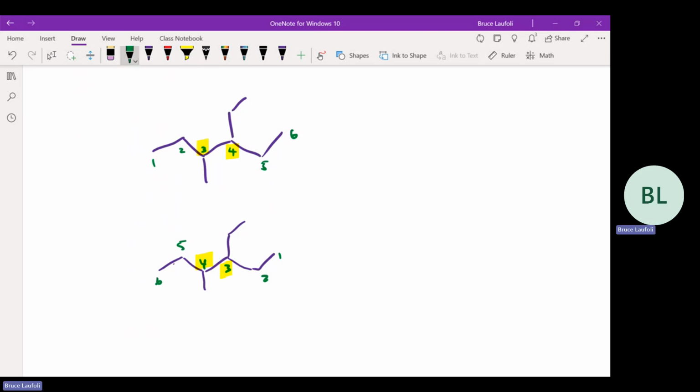So if we were to name the top one, we would label it as 3, 3 methyl, because that's a methyl group. This is a methyl group. 4 ethyl. So ethyl, because this is carbon number 1, carbon number 2 as a branching chain.